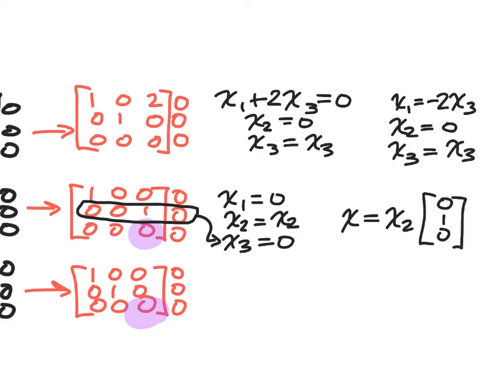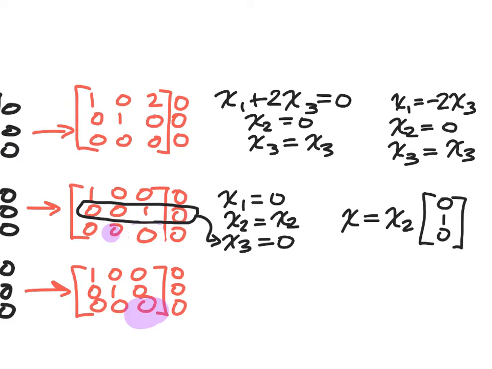It's just out of habit. All right, so because x3 is accounted for here, it must be the x2 that's the free variable.